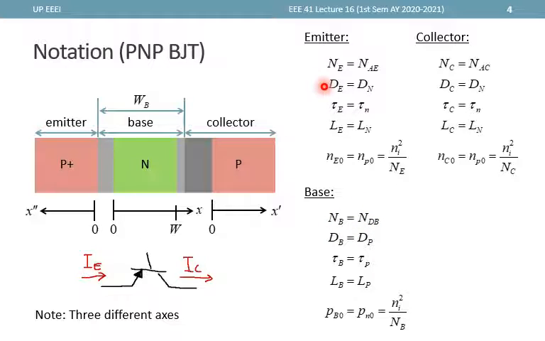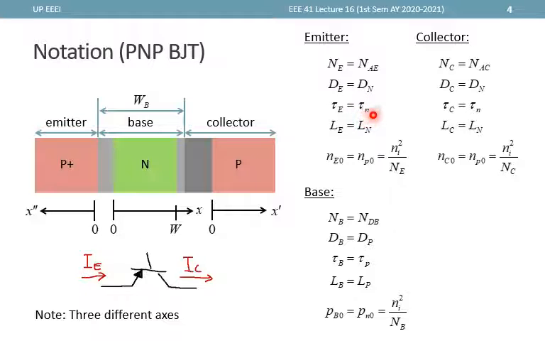So DE is the diffusivity at the emitter, and since our analysis is focused on the minority carriers, again we're using MCD, then DE must be the diffusivity of electrons at the p-type emitter. Tau E is the minority carrier lifetime.